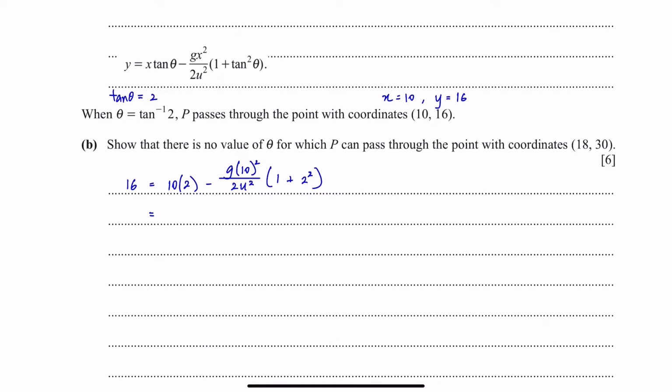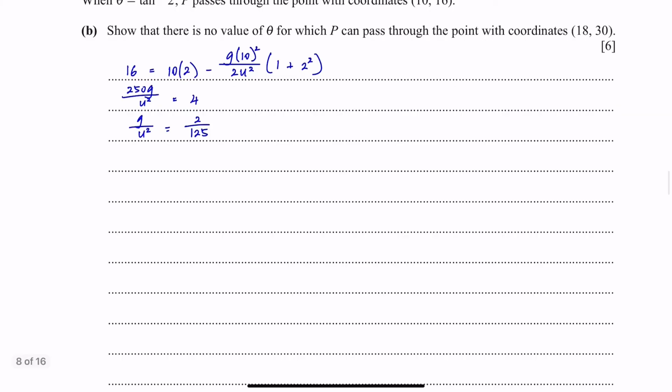So we simplify it and we would get 250g over u squared equal to 4. So g over u squared is equal to 2 over 125. So this is the constant that we find.